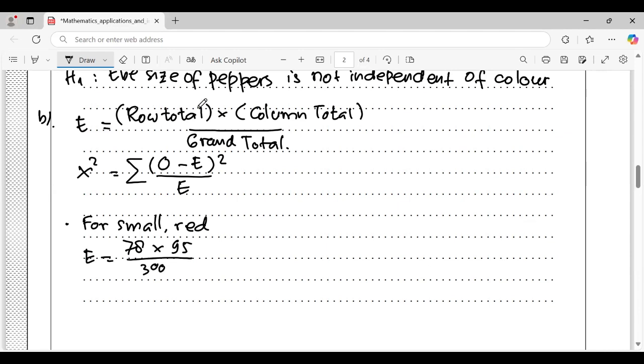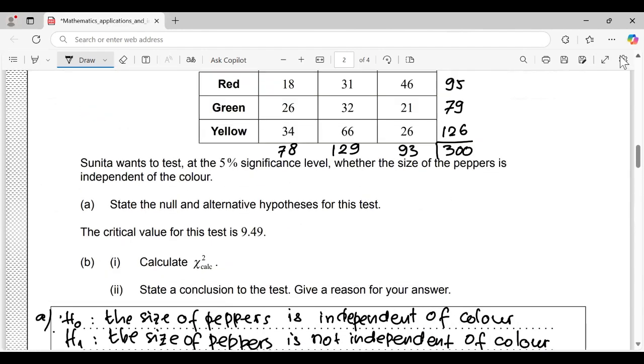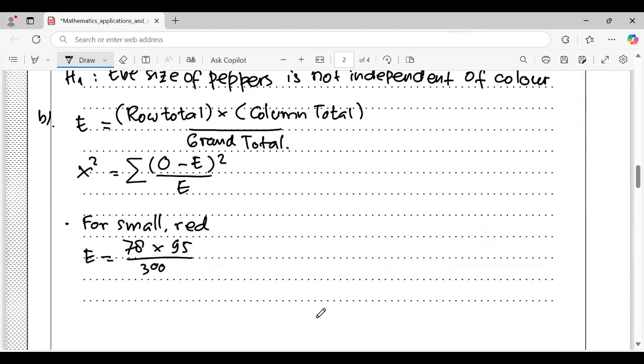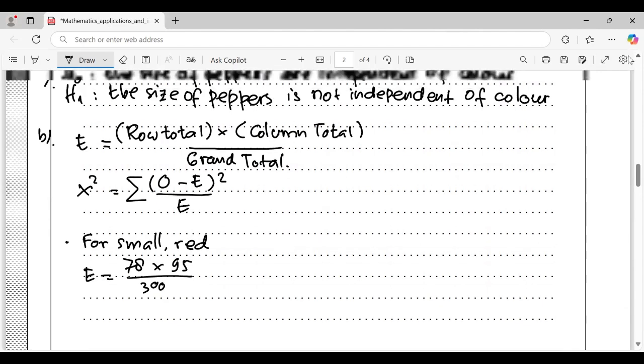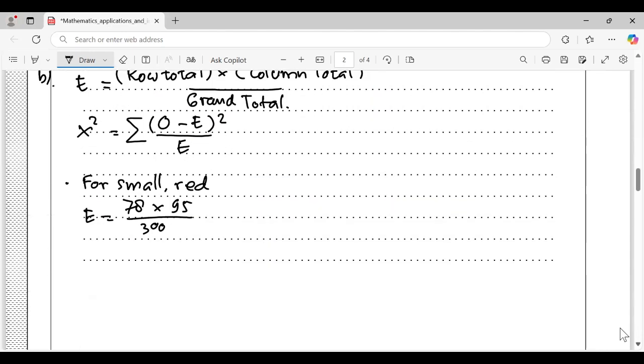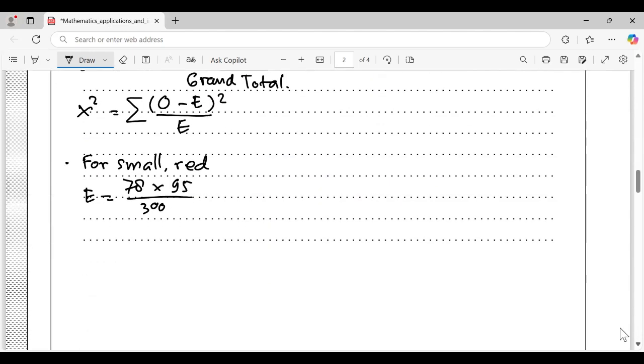The row total of small red is 78, and the column total is 95. And so on, we can calculate until the last yellow. The result is 24.7.